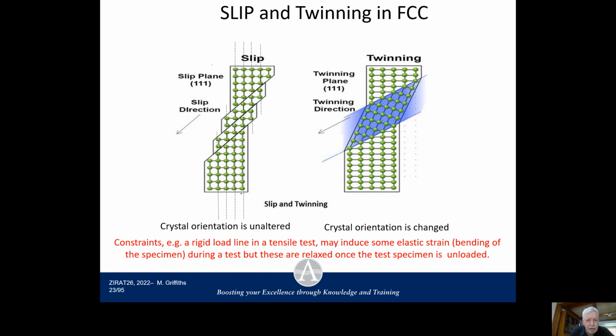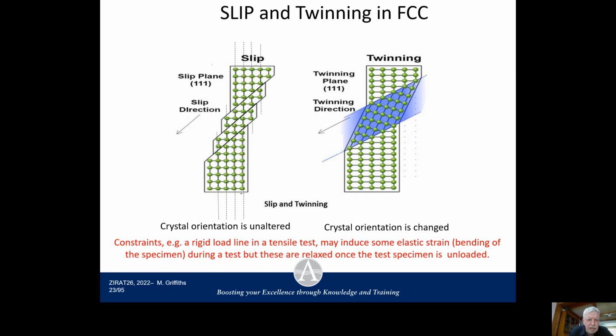I should mention that I mentioned previously that constraints make the difference in this case. I just want to make it clear, because people often confuse the effect of constraints, which can result in an elastic distortion of the specimen, say in a tensile test.